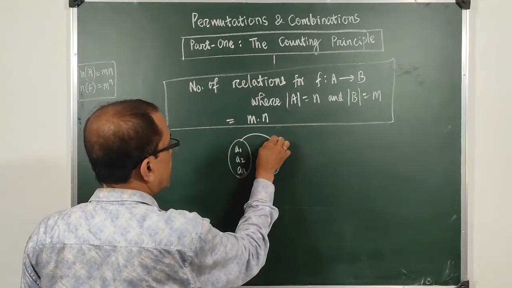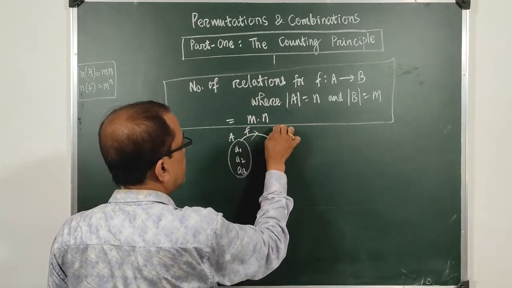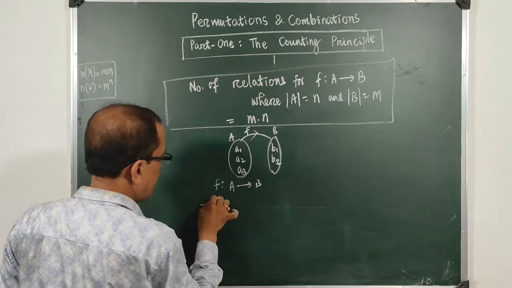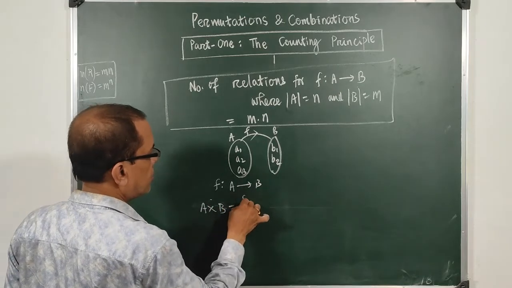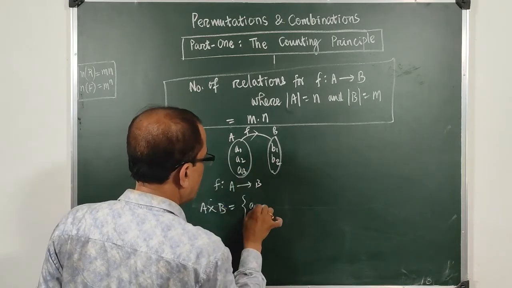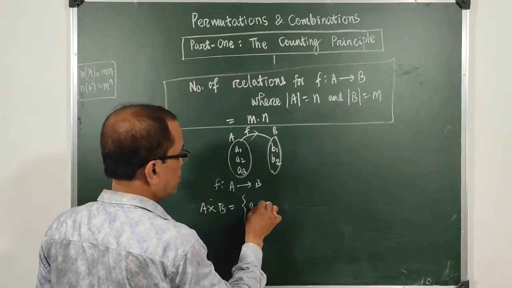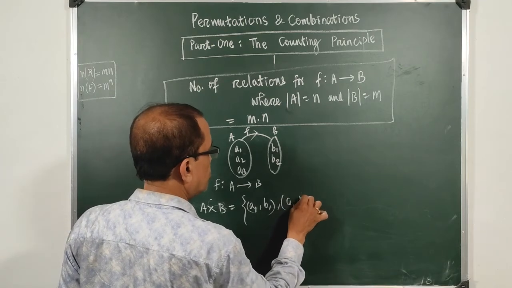So let us have a relation. If f is the relation between A and B, then what is f? It is A cross B, the Cartesian product. Take any member a1 and connect it to all the members of B. So a1 b1, next pair is a1 b2.